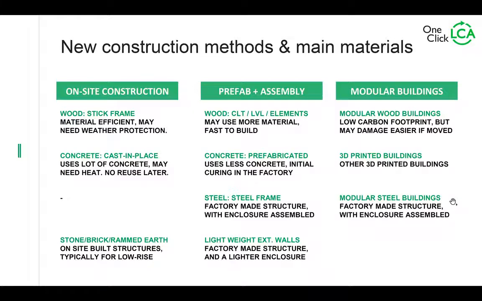And we do have modular steel buildings, which are basically just containers for people to live in, actually furnished and all that. So a bit nicer than the ship container type. And the enclosure may have some assembly or cladding, depending on how the building is intended to be, let's say, presented to the users.